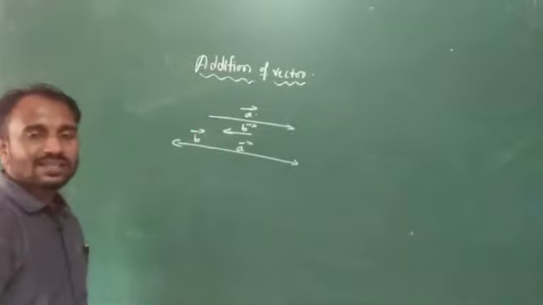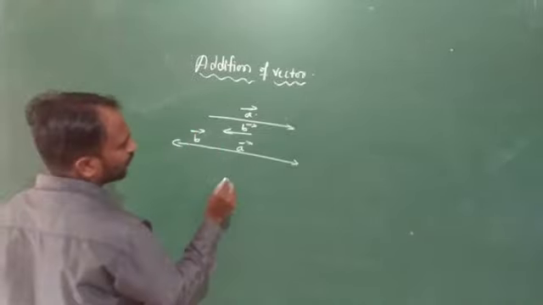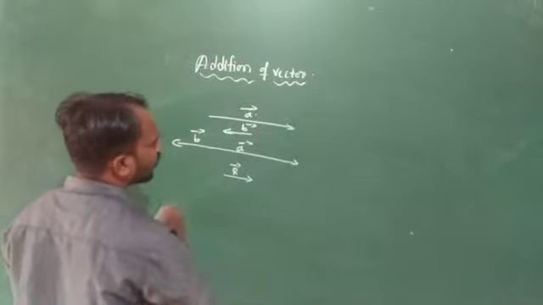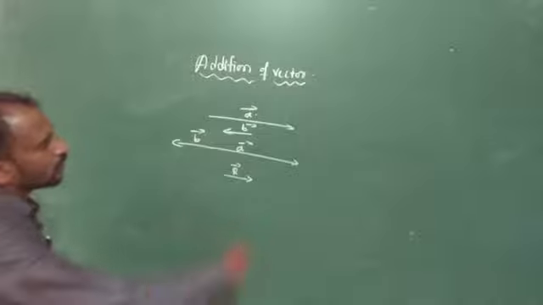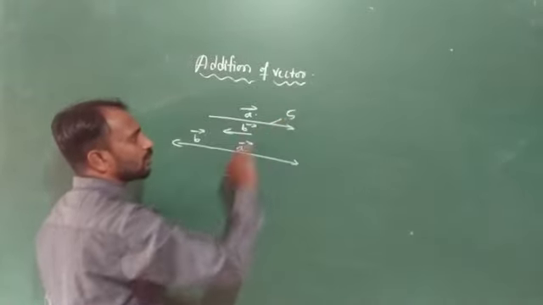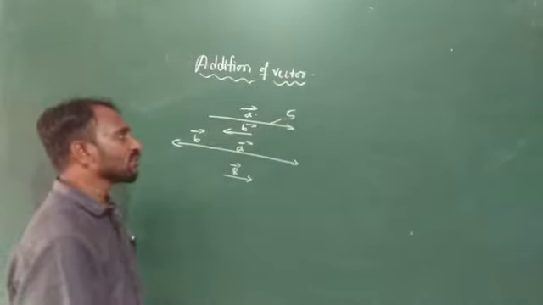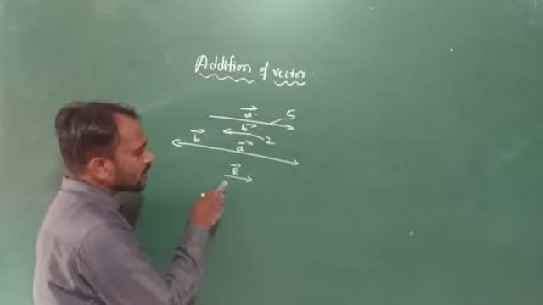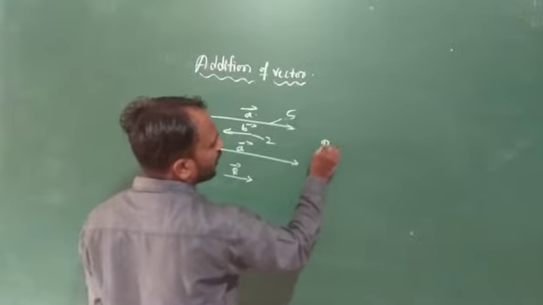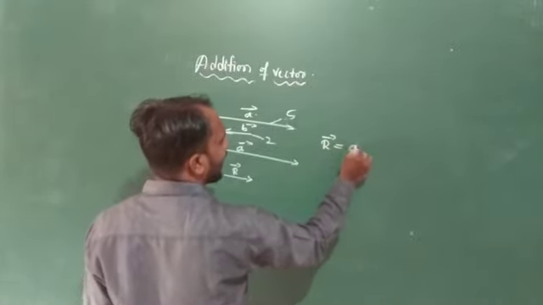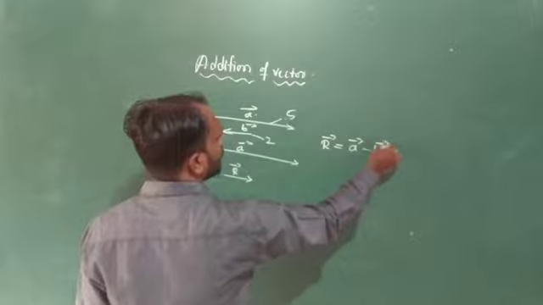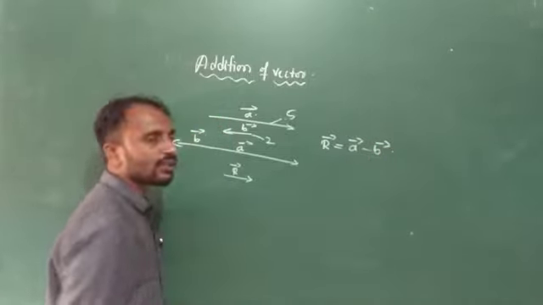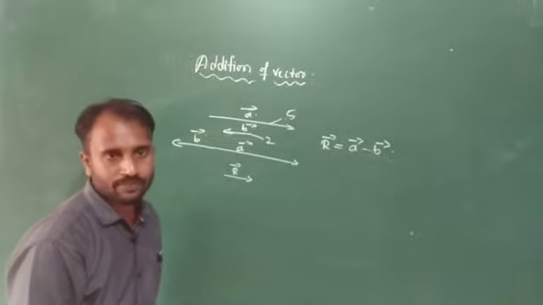Then we get a resultant vector R. Suppose the magnitude of the first vector is 5 and the second vector is 2. Then the resultant vector R is equal to vector A minus vector B, so 5 minus 2 means the resultant vector is 3.